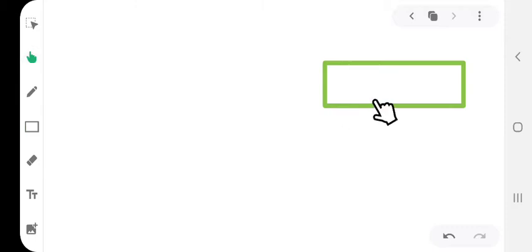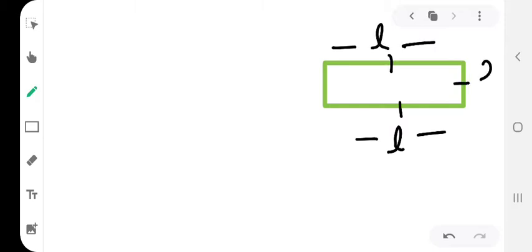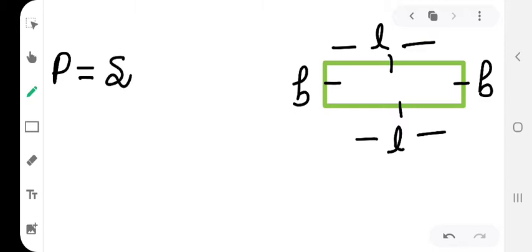Now, look at this. This is a rectangle. In rectangle, you already know that the opposite sides are parallel and equal. So if this side is length, then this is also length. If this side is breadth, then this is also breadth. It forms a rectangle. Now when you are going to create the formula for the perimeter of rectangle, you know the general formula, that is perimeter is sum of all sides.